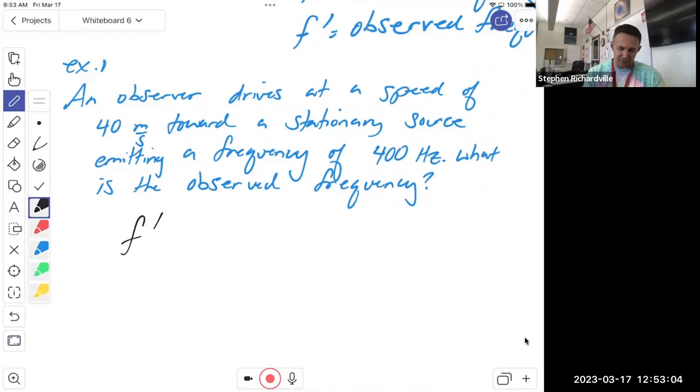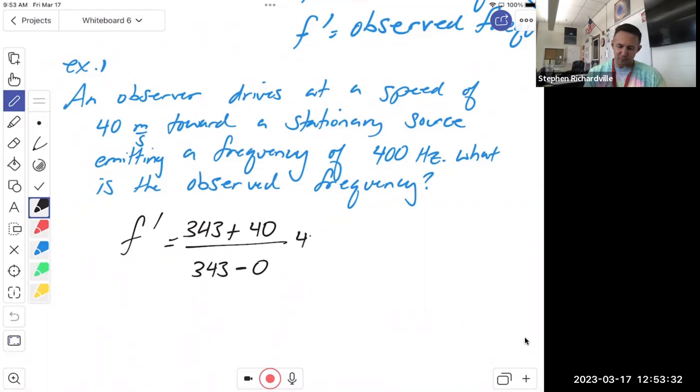The way the equation works out is my observed frequency is going to be 343, that's the speed of sound, plus, because that 40 is moving towards, it's a positive 40. So that goes in there just like this, over 343, but the source isn't moving, so minus 0, or just 343 plus 40 over 343.